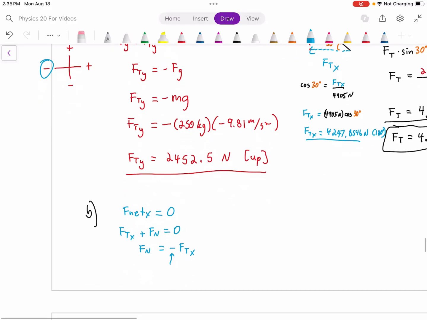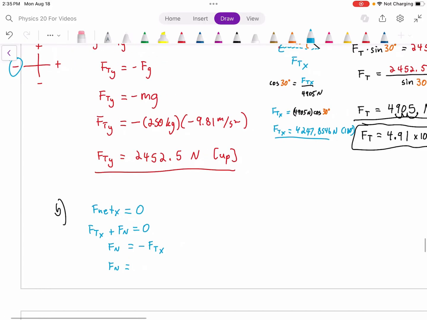But now I've got that, I can go ahead, come down here and say that that means our normal force, which the bar must be able to handle, is going to be negative 4247.8546 newtons. And therefore, the normal force must be that many newtons, but to the right, right?